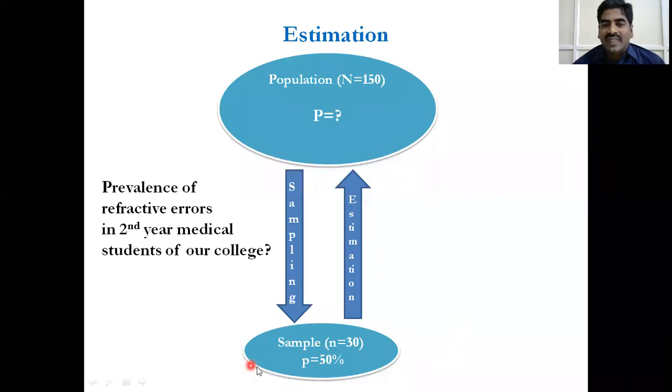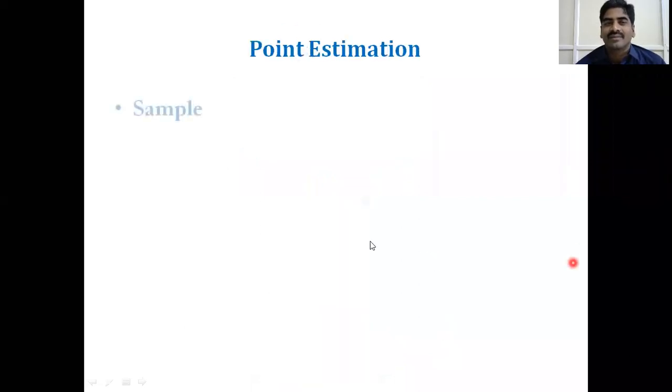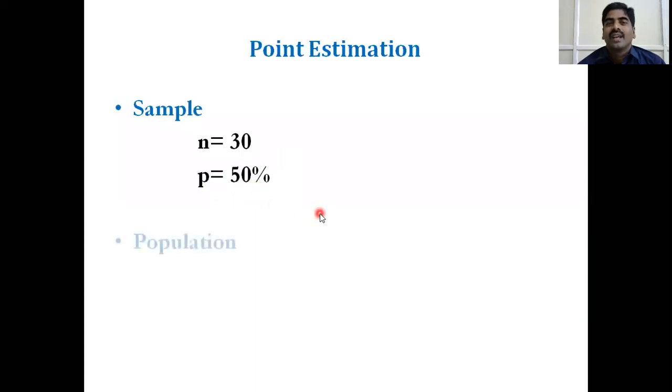See here. In place of the population, we have taken a sample, and here the prevalence of refractive error is 50%. And we have to estimate the population parameters by using sample statistics. How to estimate the population parameters, I will explain. So the sample size is 30 and prevalence of refractive errors is 50%, and the population size is 150. So actually we have to give results to the population based on the sample statistic value.